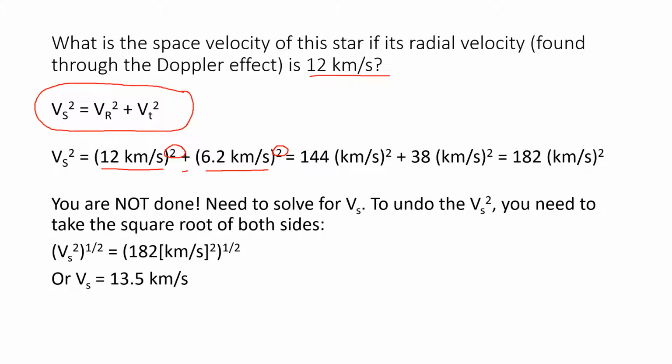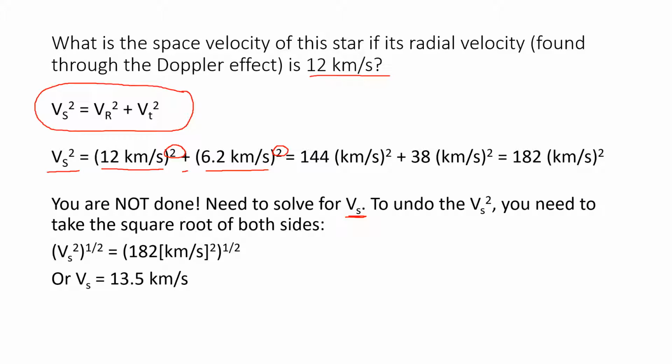But look what's happened to the units. When we square these, we end up with units of kilometers per second squared, kilometers per second squared, and kilometers per second squared. This is to remind us that we are not done with the problem. We need to solve for Vs by itself, but we're given Vs squared in the formula. To undo Vs squared, we need to take the square root of both sides.